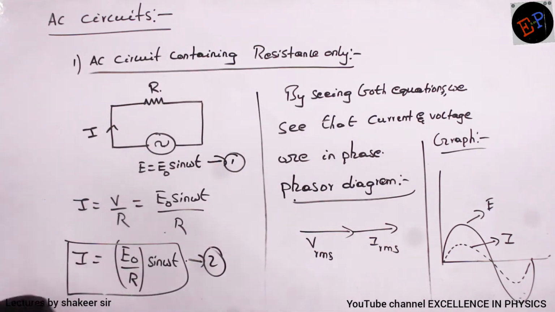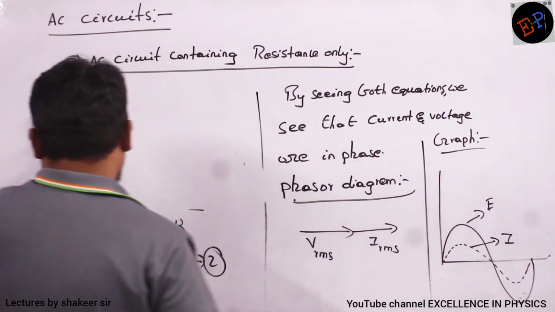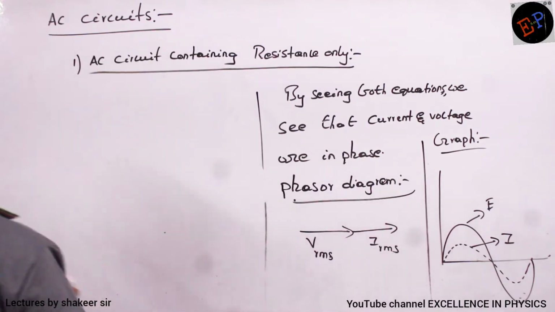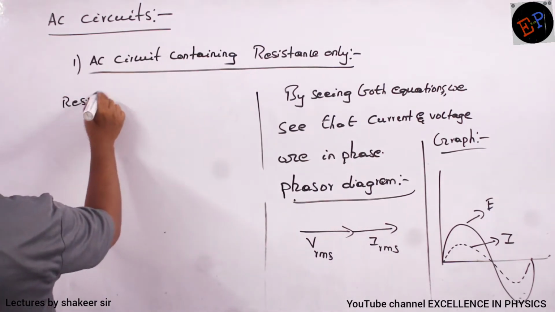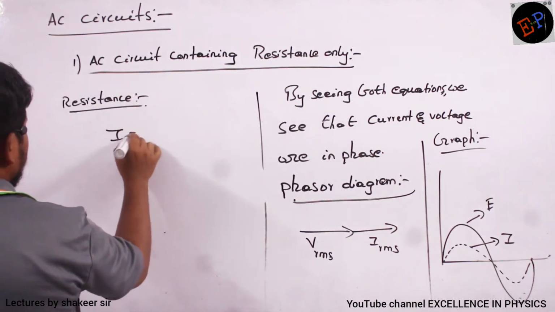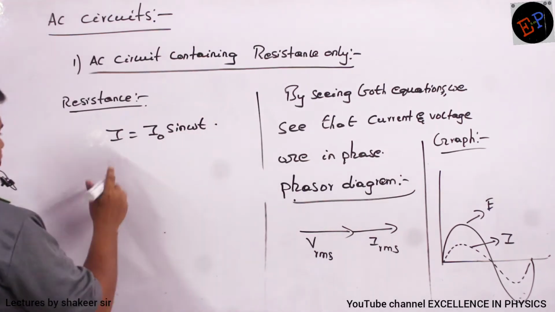Next we study about power consumed by the resistive circuit. First of all, we will write resistance. What is the equation of current actually? I is equals to I naught sine omega t. But what is the equation we got?